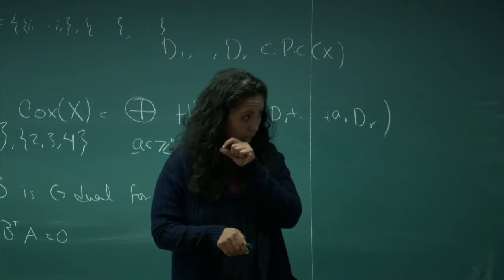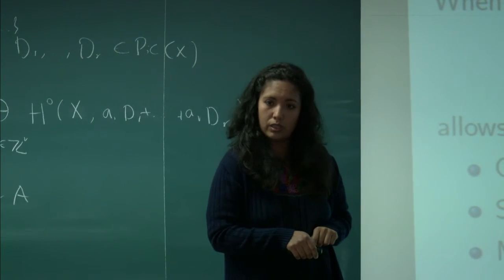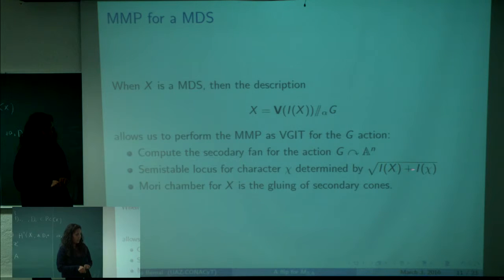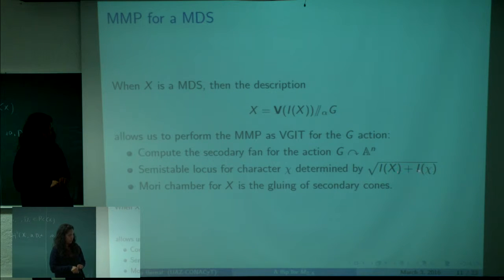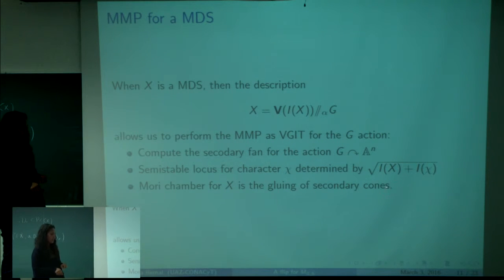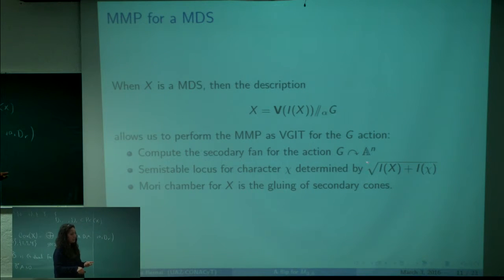No, what it's going to mean is that those two cones, so you're going to have chi1 and chi2, and it will happen that chi1 and chi2 define, when you take the sum of the Alexander dual ideal related to chi1 and the Alexander dual ideal related to chi2 and take the radical, they will give you the same thing.